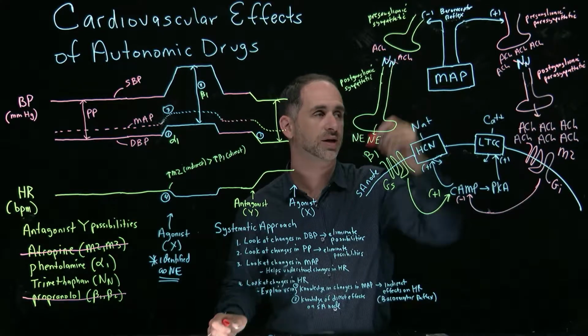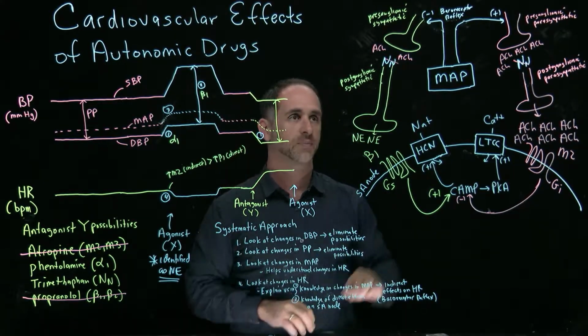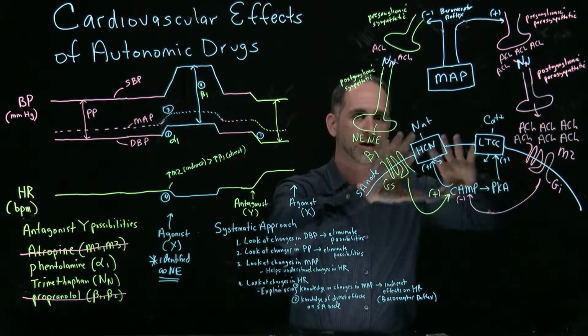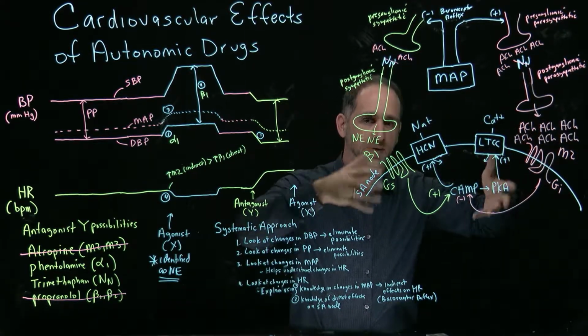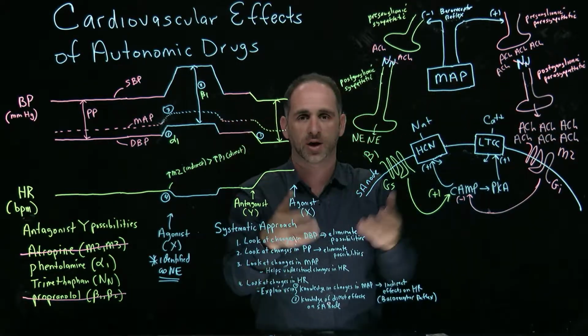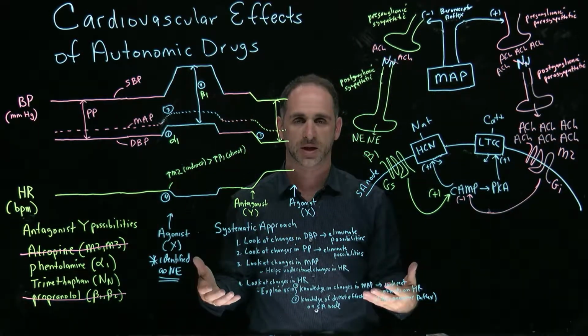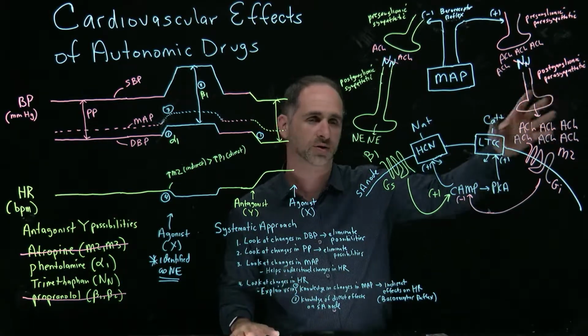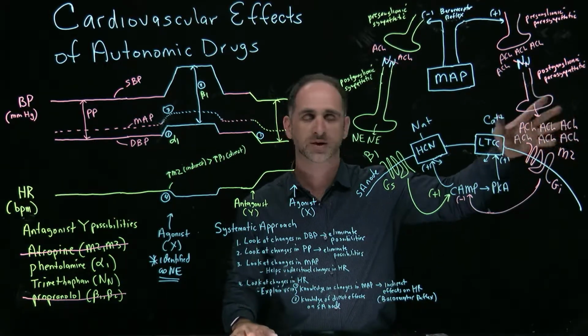But for trimethaphan, which would be blocking these receptors here and here, by blocking these receptors, you'd be removing all autonomic tone, and the heart rate would actually go up because you're taking away all autonomic input, and the heart rate would go to the intrinsic rate. So normally the heart rate is lower than its intrinsic rate because of all this acetylcholine at rest from the parasympathetic division.